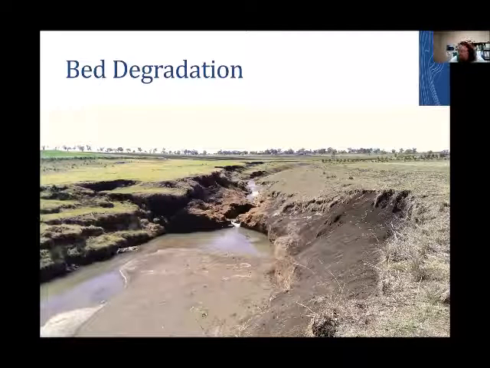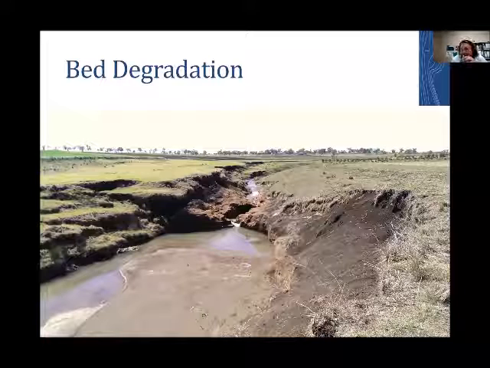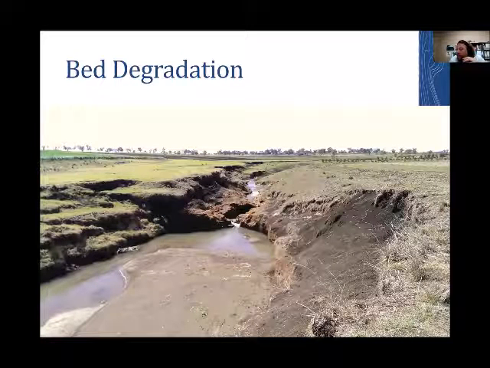And one of the key results of this erosion process is that not only does the bed erode, but it results in the banks eroding downstream of where that head cut has retreated into. In this particular image, we're looking upstream, and you can see that downstream of the head cut, the channel is much bigger than it is on the upstream side.